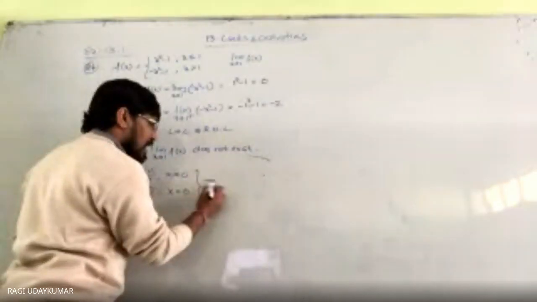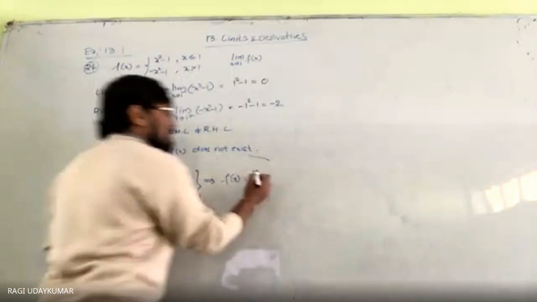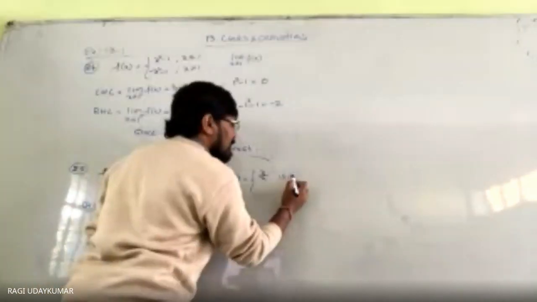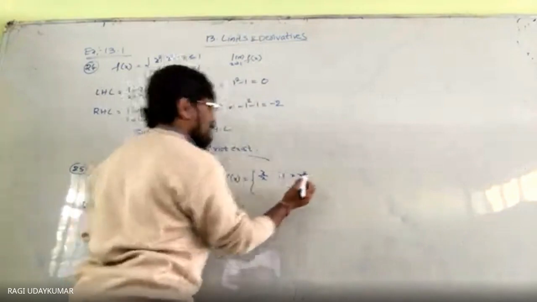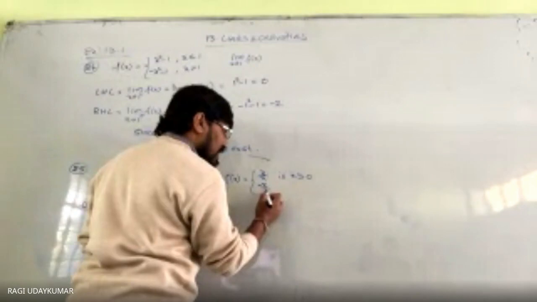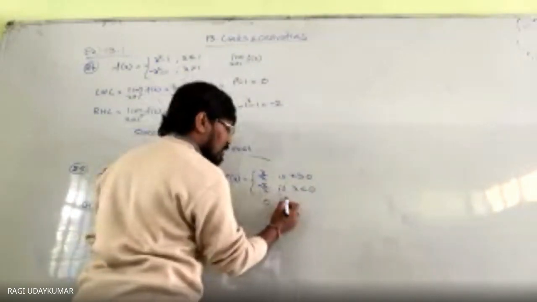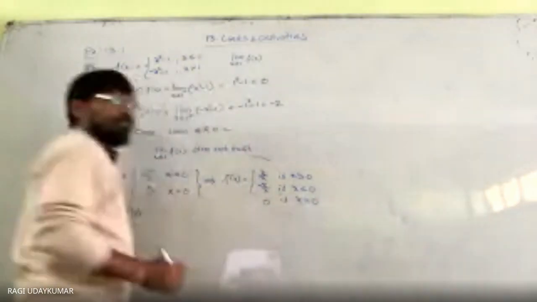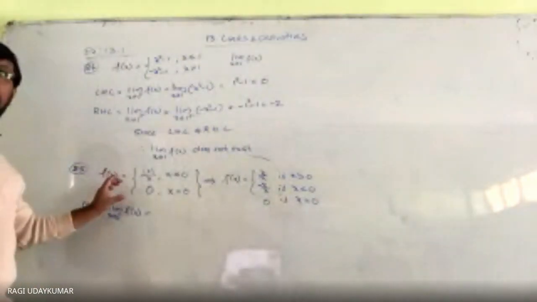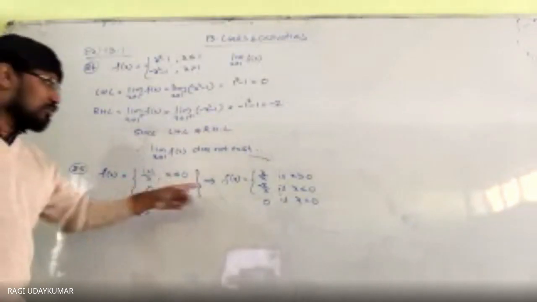Any function, I can write it as x by x if x is greater than 0, minus x by x if x is less than 0, and 0 if x is equals to 0. Same function. Here x is not equal to 0 with this function. Actually, what do you get here in this situation?